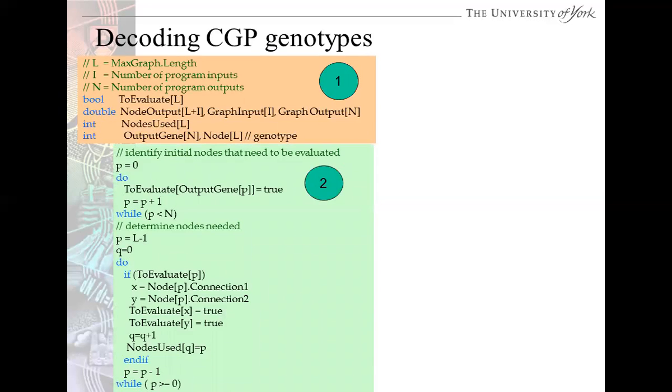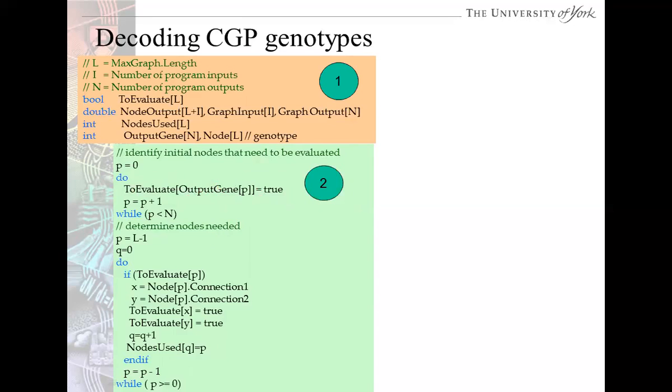So the next step is to identify which initial nodes need to be evaluated. Well, these are the nodes that are pointed to by the output genes. So you can see that you have to immediately set those nodes in the Boolean array to evaluate to be true, because you definitely need those.